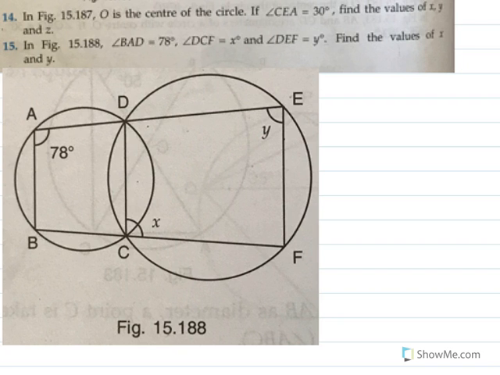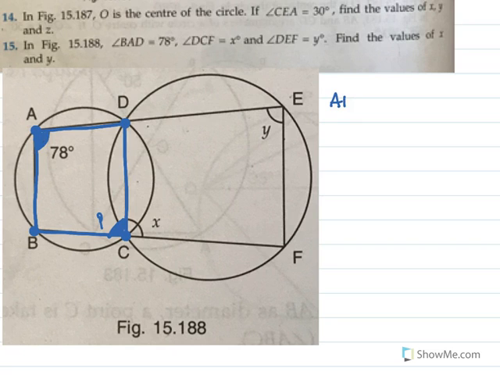Now here we need to find X and Y. Let's get on to one. A, B, C and D is cyclic. If ABCD is cyclic, then angle A and this angle here, I'll call it P, will be 180.